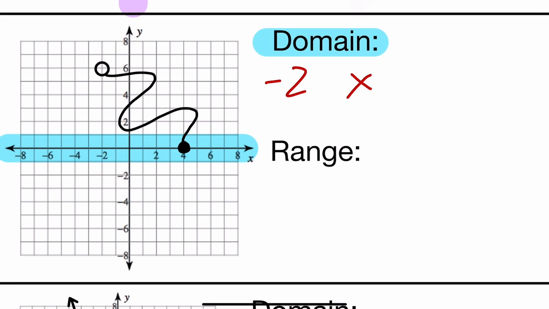Then I'm going to keep going until I hit the end. It looks like the end point is right at 4, but the function goes past that. It still has another bit here right at the end. So that is where our domain is going to stop, right at the end of the function. It doesn't matter that there's a point right here. We want the very end of it right here.